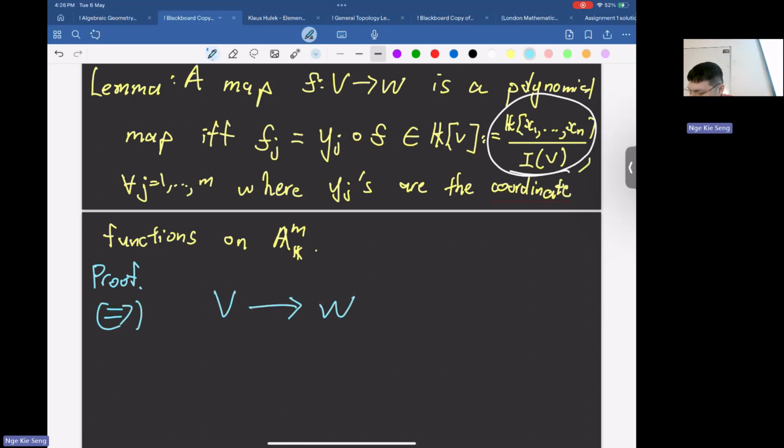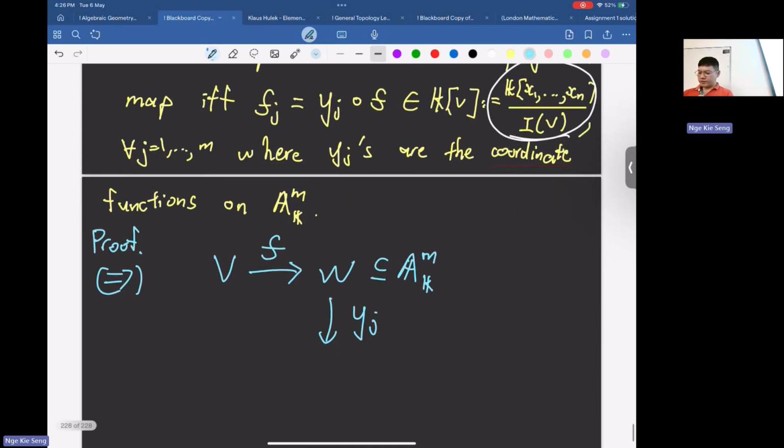So let's say we got a map from V to W, and we got a Yj here, and this W lives in M affine space. So what you do is you read out the j-th coordinate.